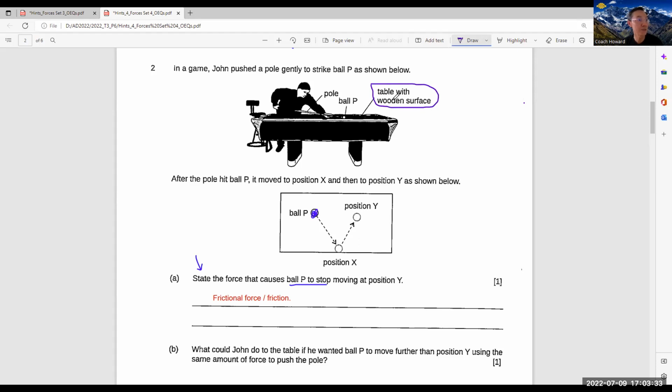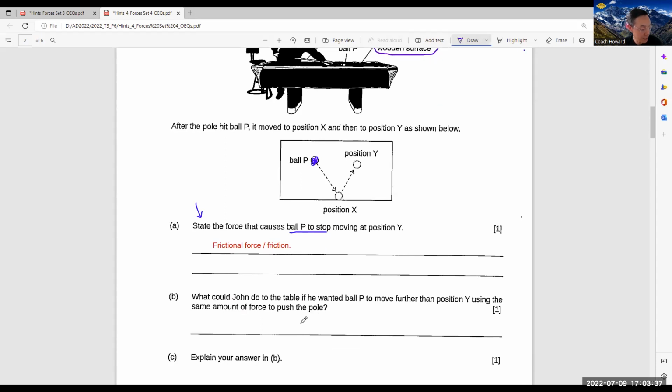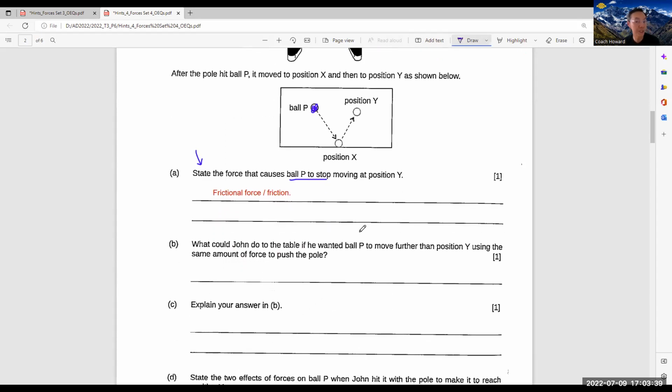But this one uses a wooden surface. So for this question, you can say apply a layer of lubricant such as oil on the surface of the wooden table.